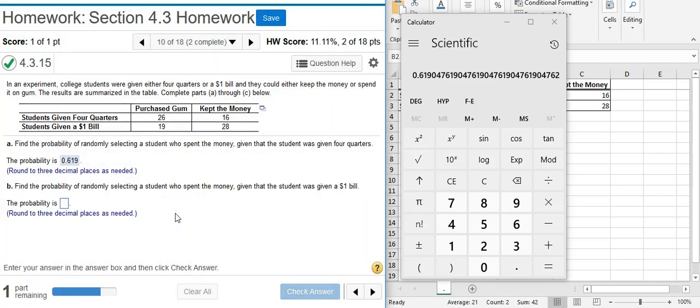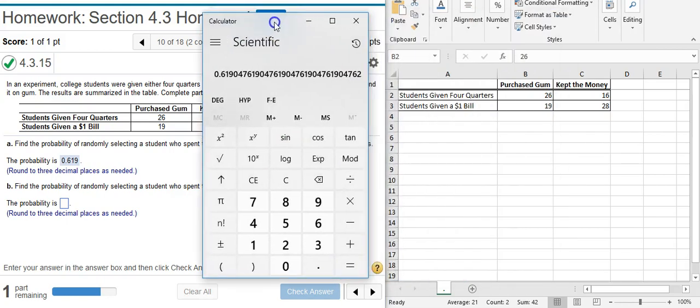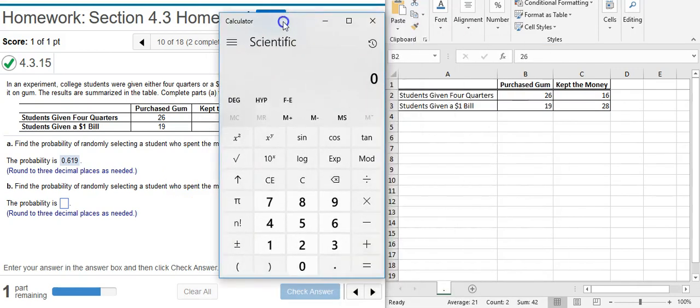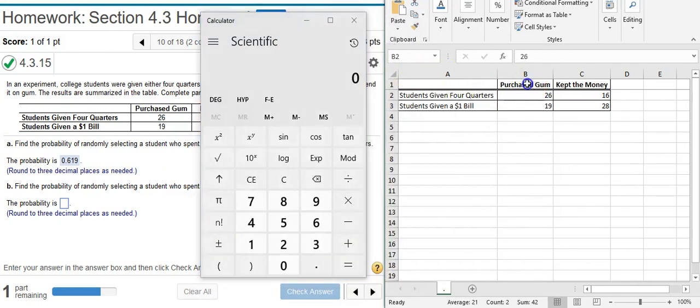Now part B asks us to find the probability of randomly selecting a student who spent the money, given that the student was given a $1 bill. Okay, so same calculation, but just slightly different numbers. So again, we want the student who spent the money and was given the $1 bill.